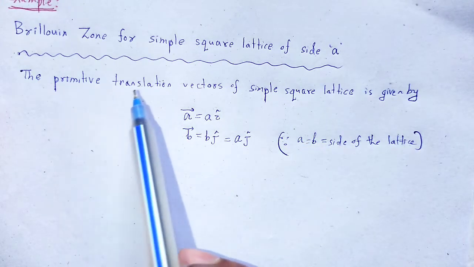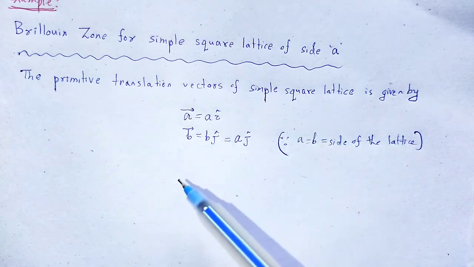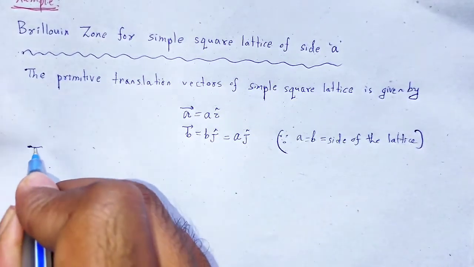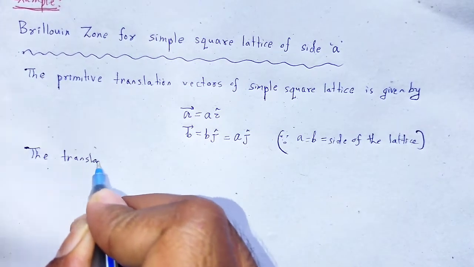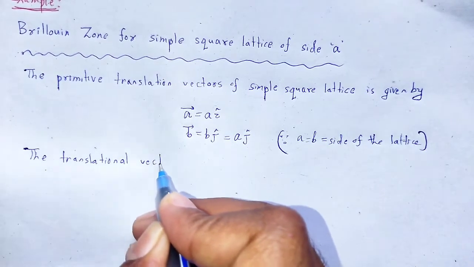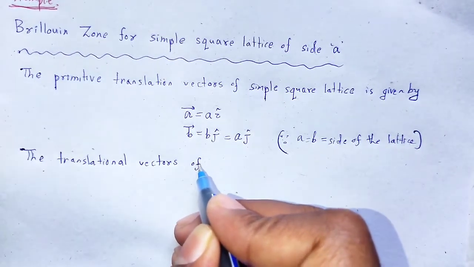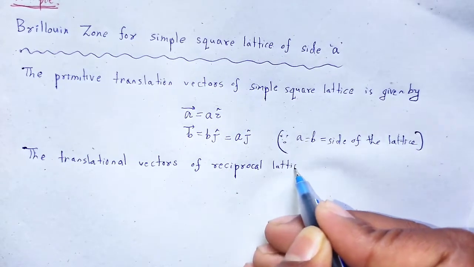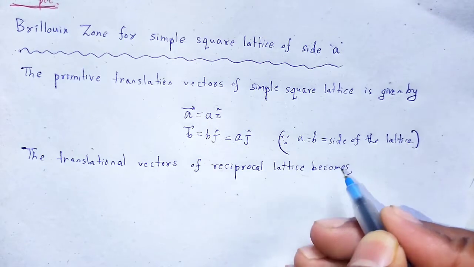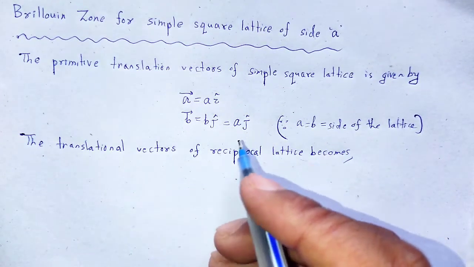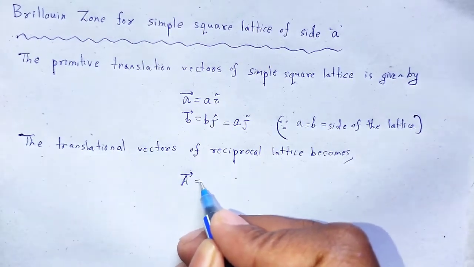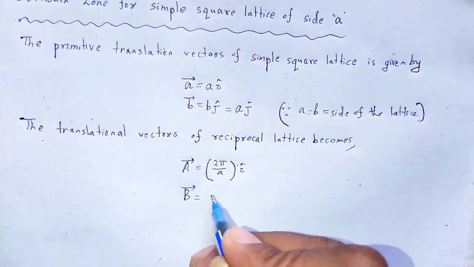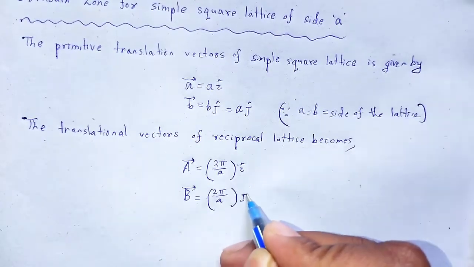Now, the relation between primitive translational vectors for direct lattice to the primitive translational vectors for reciprocal lattice: a vector is equal to 2 pi by a i cap and b vector is equal to 2 pi by a j cap.